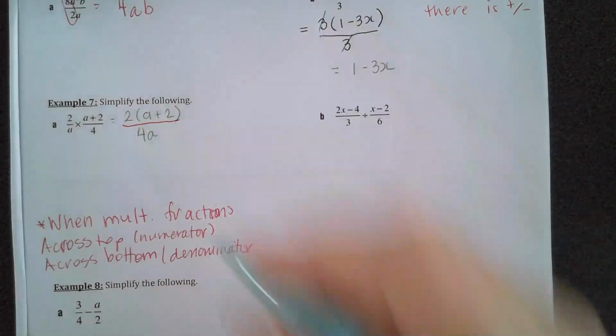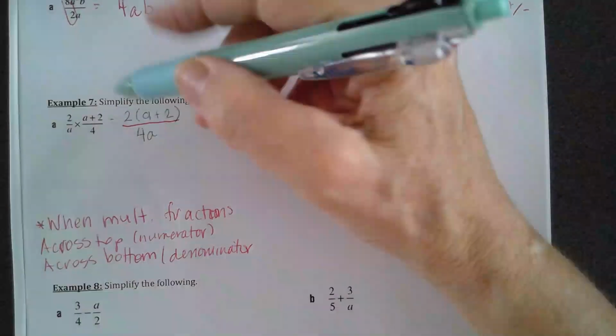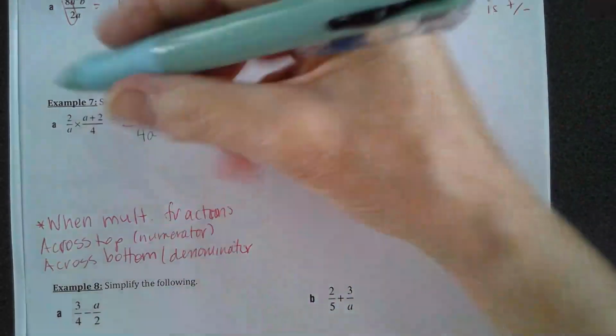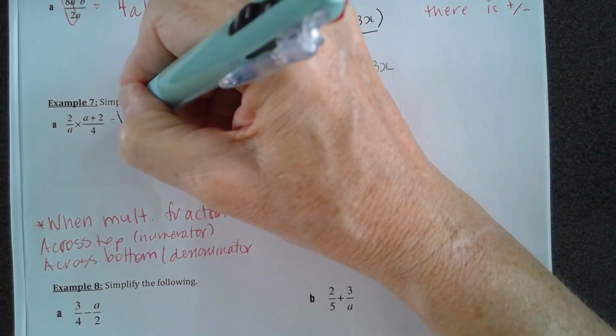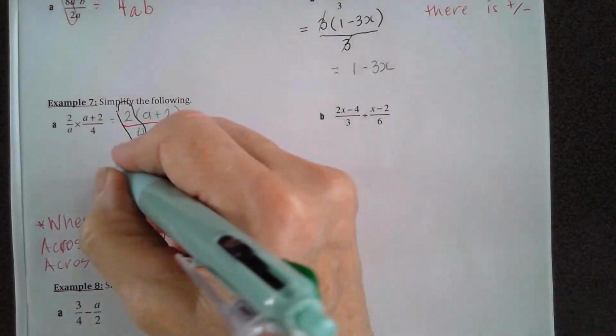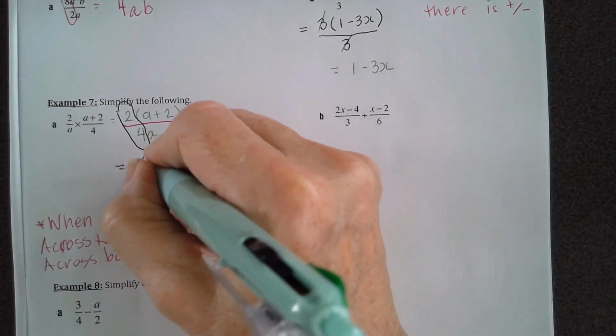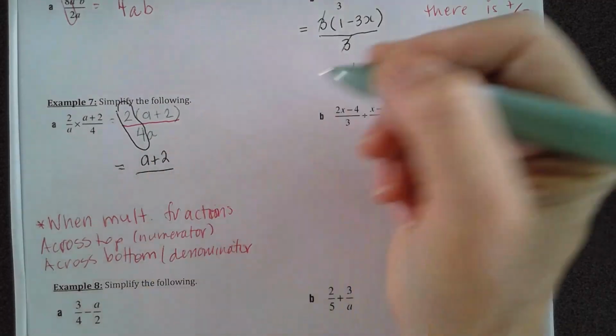Is everybody all right? Now on the numerator, I have 2 times A plus 2, and on the bottom I have 4A. Could I simplify this? Is it all being multiplied? Yes, it's being multiplied, so it's fine. So on the top I have 1 times that, so I really just have A plus 2, and on the bottom I have 2A.